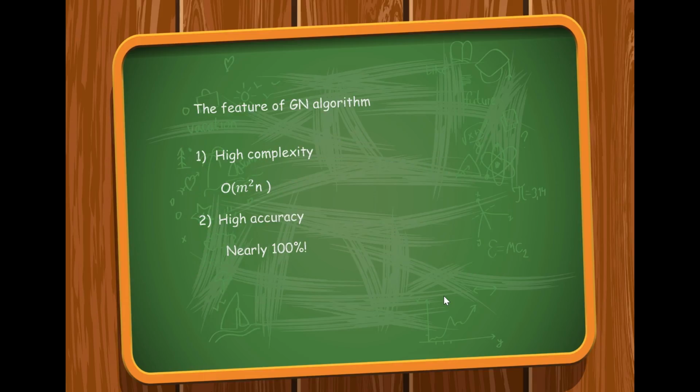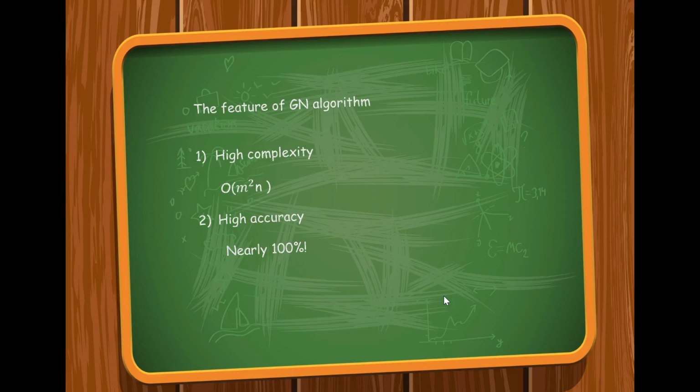Now let's go to the features of the GN algorithm. First, let's focus on the complexity. It is really high. Assume a network with m edges and n nodes. The complexity of finding the betweenness of any edge is O(n), because we have to traverse all the remaining edges to find the one with the highest betweenness.